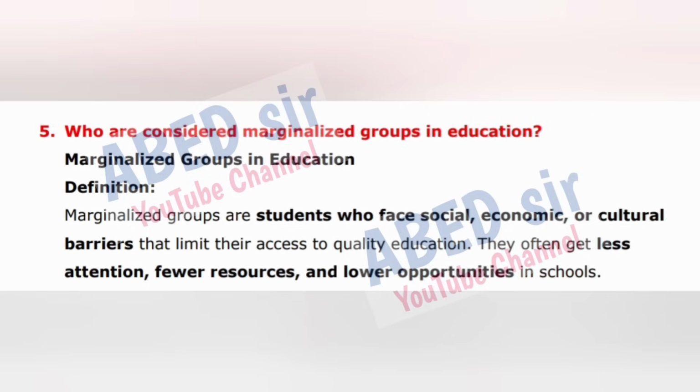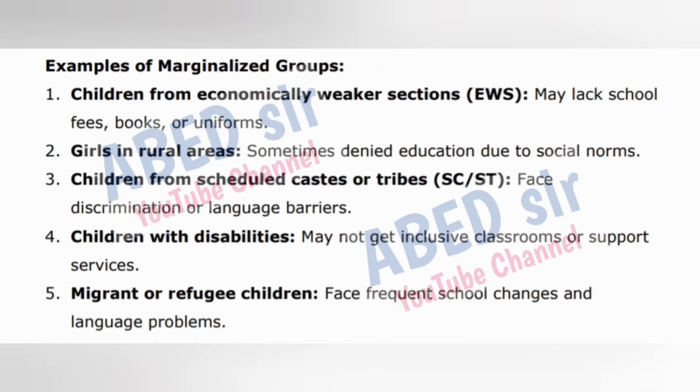They often get less attention, fewer resources, and lower opportunities in schools. Examples of marginalized groups. 1. Children from economically weaker sections, EWS, may lack school fees, books, or uniforms. 2. Girls in rural areas, sometimes denied education due to social norms. 3.